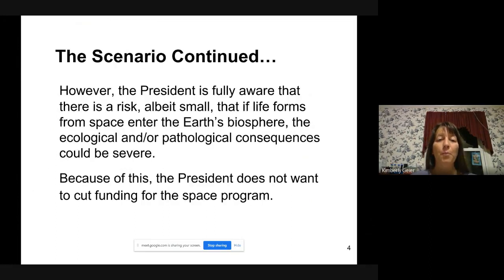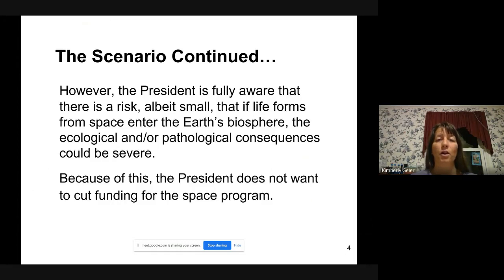But the president is aware that there is a risk that if there is life and life shows up on our Earth, then there could be consequences. And I'm not just talking about alien spaceships coming and waging intergalactic war, but even a space microbe could impact our world. I don't know if you've ever read the story Andromeda Strain, but it's a story about an asteroid that comes close enough to Earth.